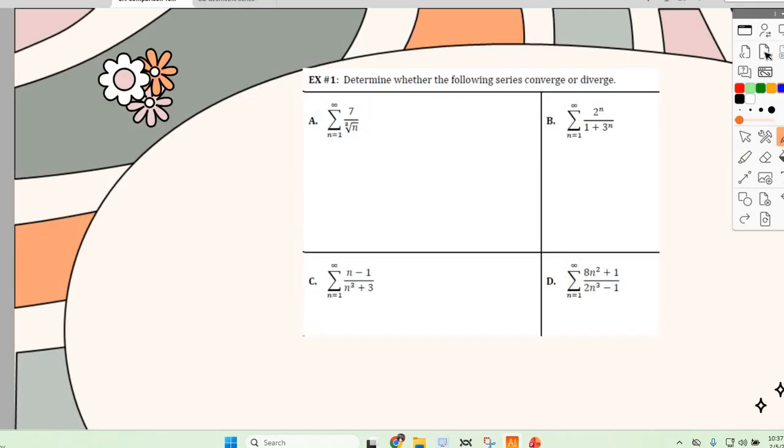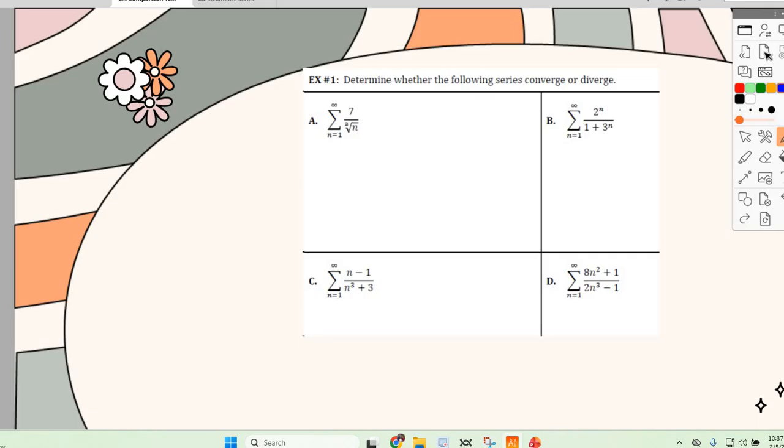So it says determine which of the following series converges or diverges. First things, let's think, that's a cubed root, by the way.